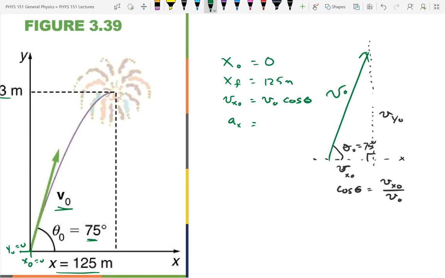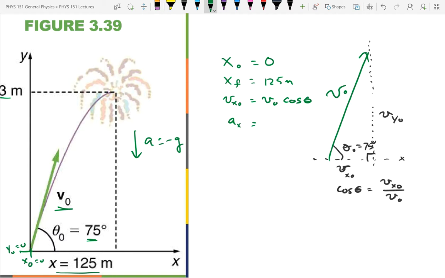Ax, what is Ax equal to? The horizontal acceleration. It's an answer we all should have. What's the acceleration that's acting on this ball? Okay, I put minus there.